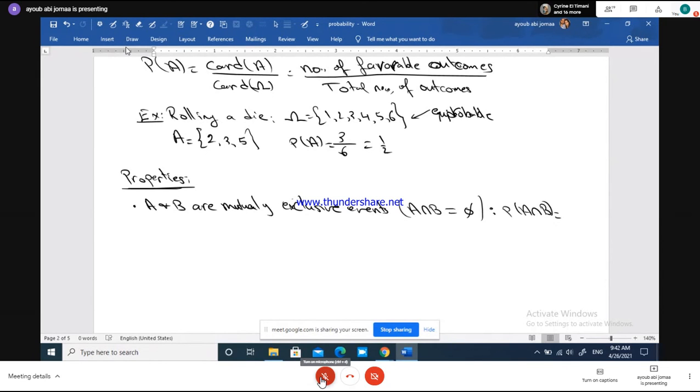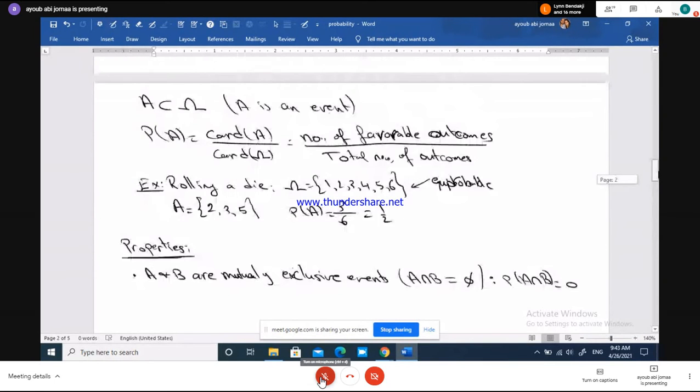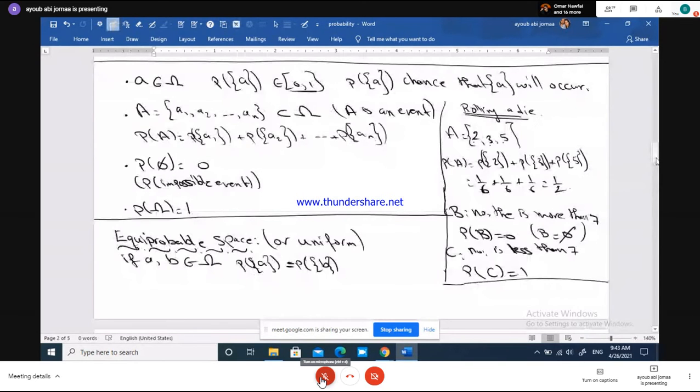Zero. The probability that these two events occur is 0. The probability of A intersection B is equal to 0. Of course, mutually exclusive means the intersection is empty, and we just said that for the impossible event the probability is 0. The probability of the empty set is equal to 0. Right. 2.